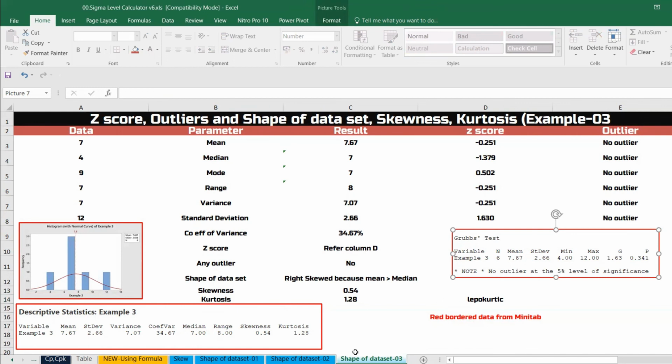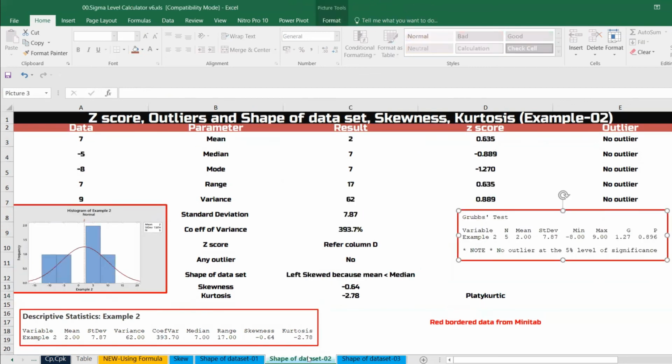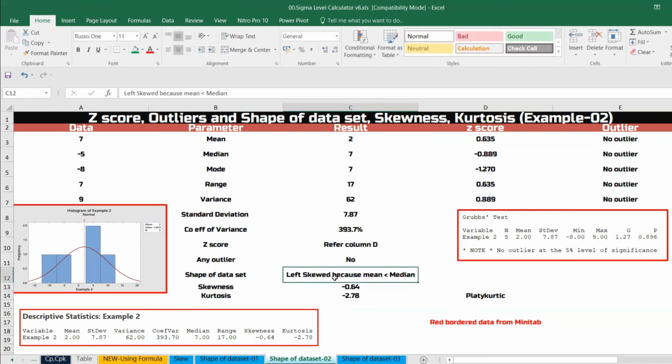So in this case three things have been covered in three examples. Example number 1 covered the symmetric case, meaning the mean is equal to the median. The second example was negatively skewed or left skewed, where the skewness value we got was negative.